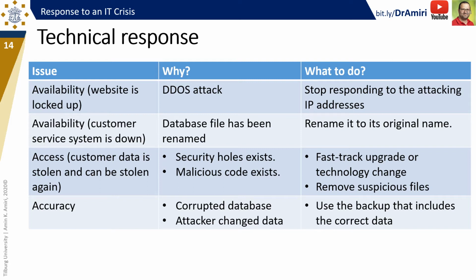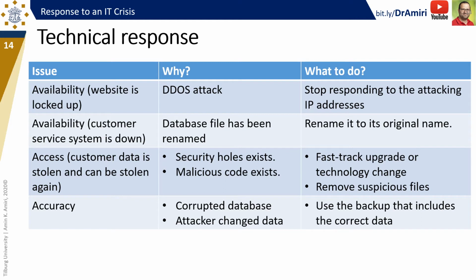So even if they could patch up the security holes, those malicious codes could still allow the attacker to get connected to the computers. So for the security holes, they went for a fast track upgrade of the network technology, and they even planned to go for a newer type of network technology. As for the malicious codes, their original plan was to remove suspicious files, but later we understood that that was not possible. I'm going to discuss that in the next slide.